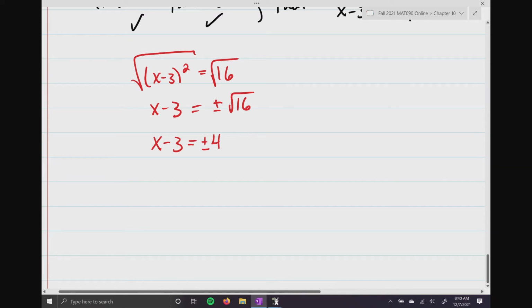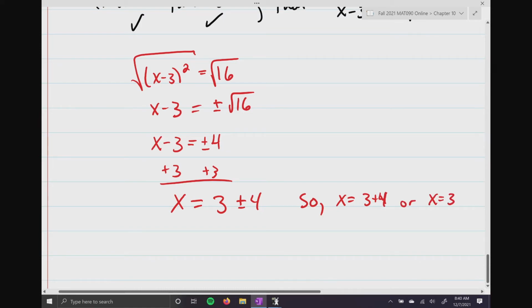And then finally, I'm going to add 3 to both sides. So notice I get x equals 3 plus or minus 4. So we have x equals 3 plus 4, or x equals 3 minus 4. So x is going to equal 7, or x is going to equal negative 1.